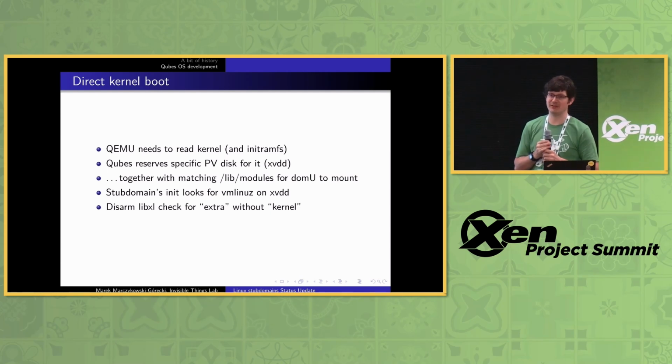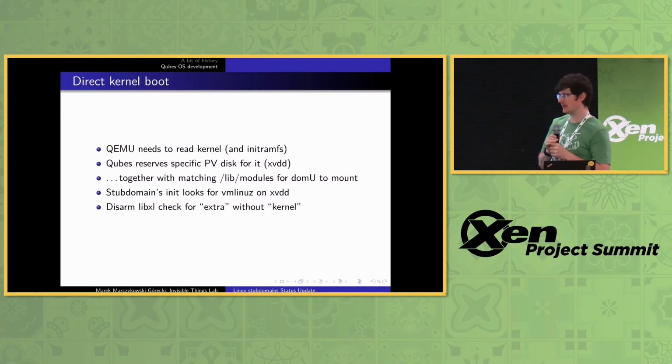This is how the stubdomain provides emulated disk images. The PV disks are connected to the stubdomain, and then QEMU connects to them to emulate those devices to the domU. But we can reuse one of those to also provide the kernel image, in addition to modules. We mount it read-only in the stubdomain and read the kernel image from there.